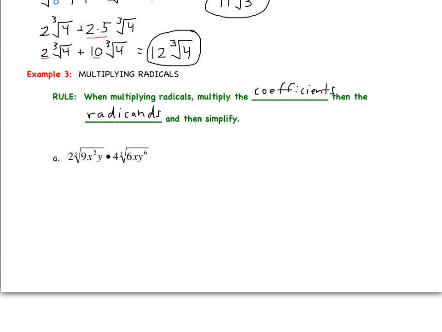Another rule is they have to have the same index in order to multiply the radicals at all. Okay? So, zooming in on example A here.